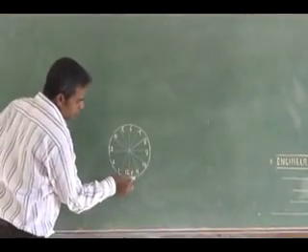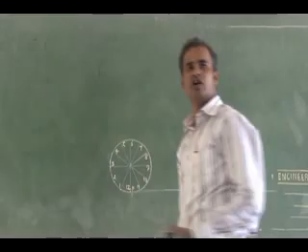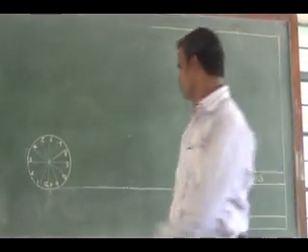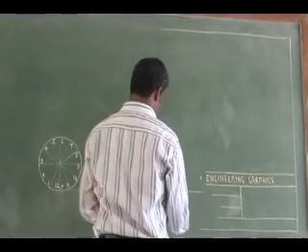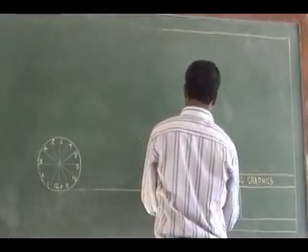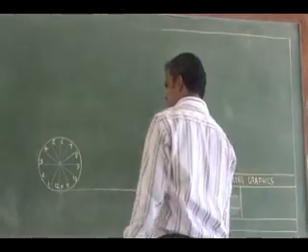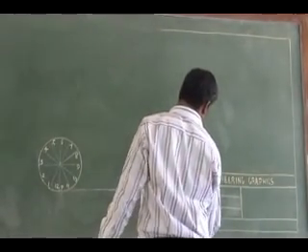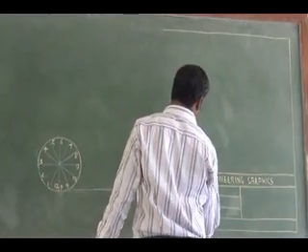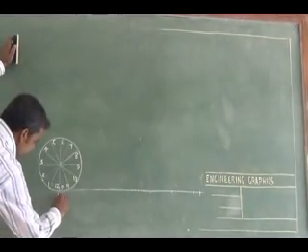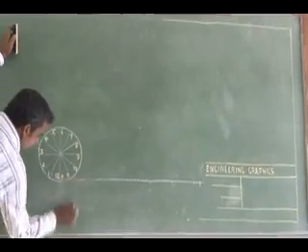From 12, you draw a horizontal line. The horizontal line will have a length of 125.7, the circumference of the circle.